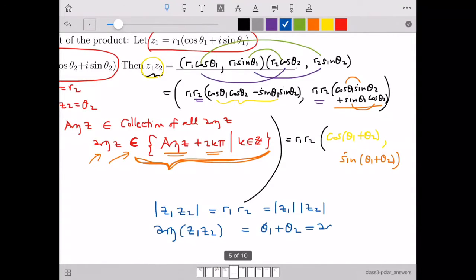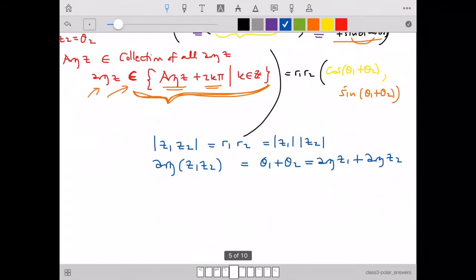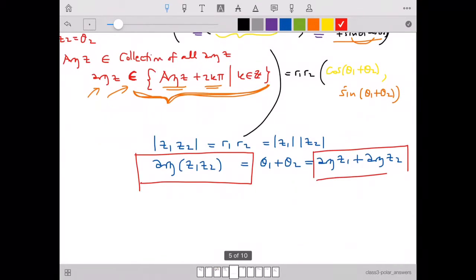That is an argument of Z1 plus an argument of Z2. Important.